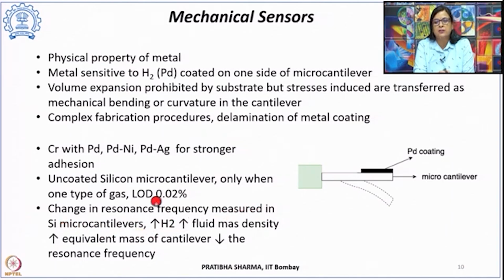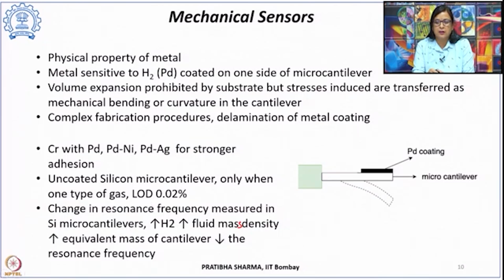As the hydrogen gas concentration increases, we know that the fluid mass density will also increase, and correspondingly there will be an increased equivalent mass of the cantilever, and that will decrease the resonance frequency. Now this decrease in the resonance frequency can be calibrated with the hydrogen gas concentration, and that can be used for sensing hydrogen.